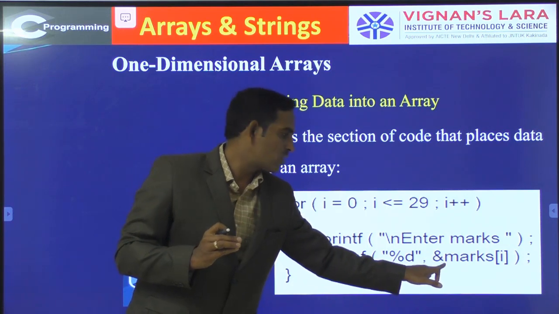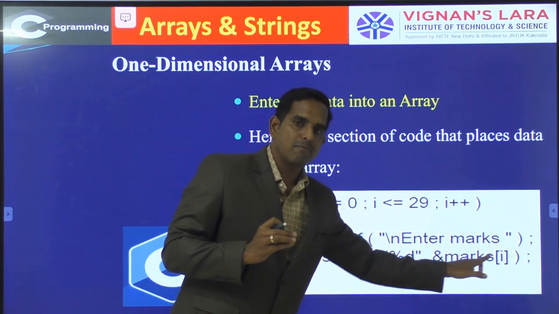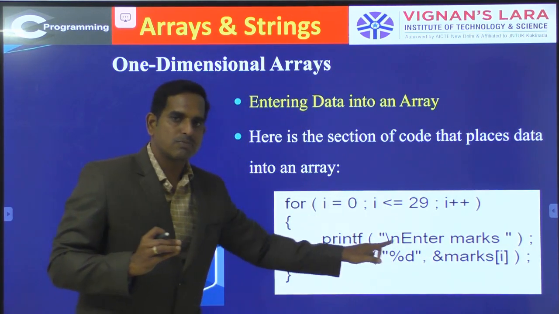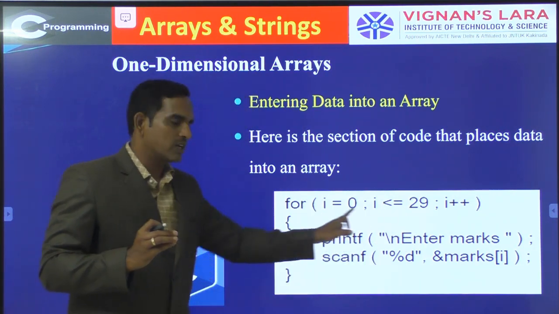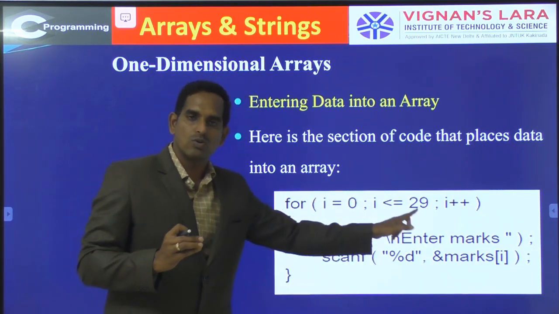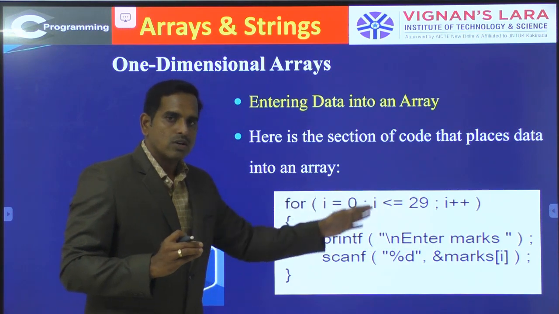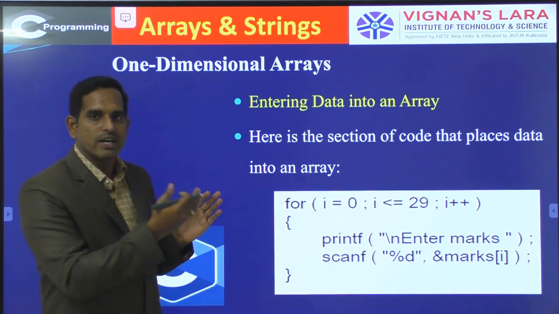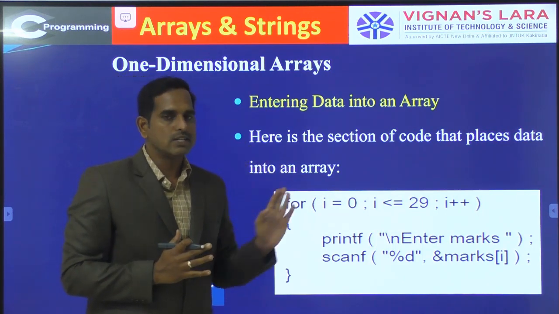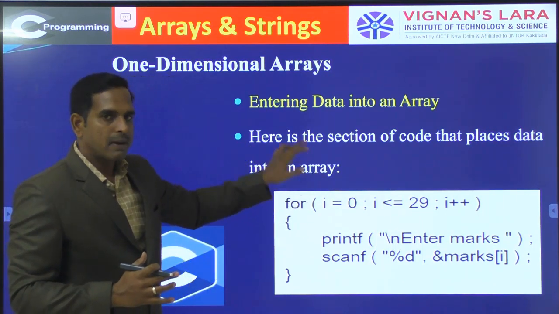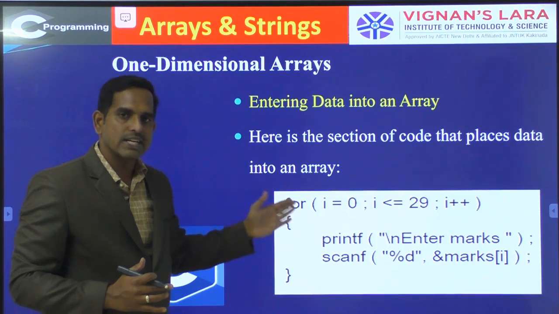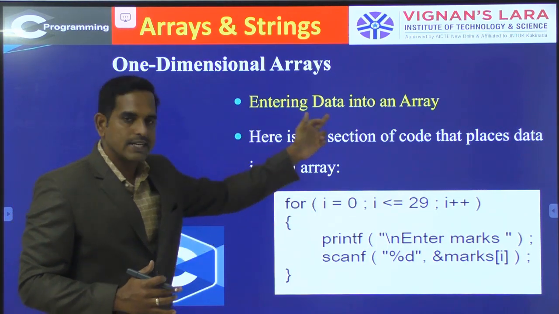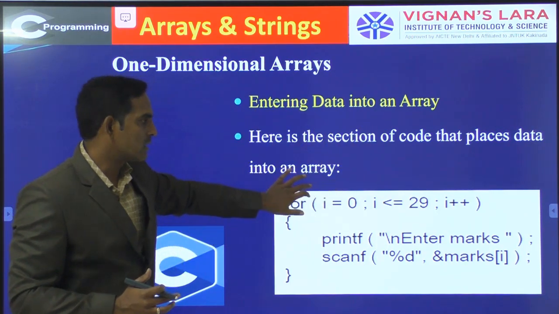This subscript can be implemented by using a for loop which starts from 0 to n minus 1. So you can use the for loop to access each and every individual element in your array from start to end, and enter data into the particular element.